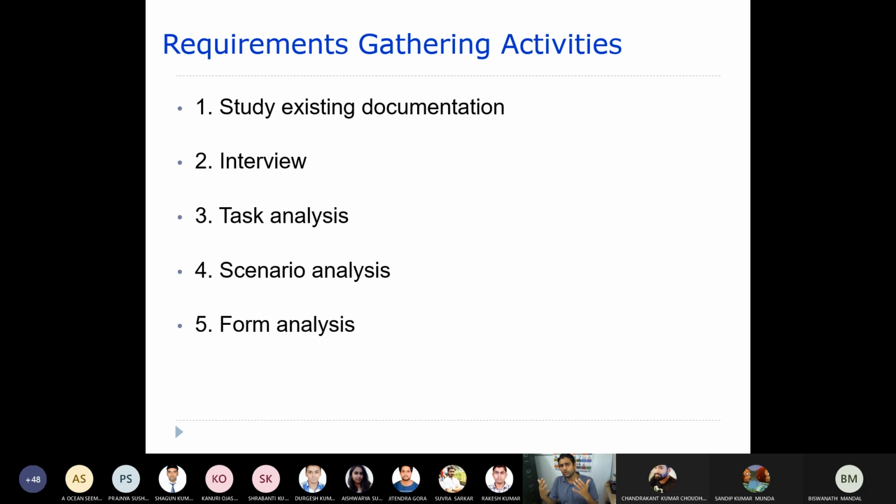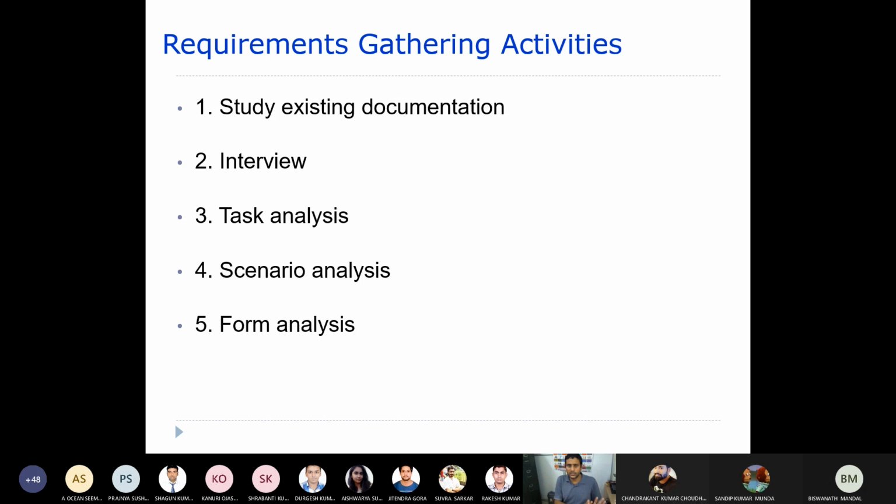If any documents are available with the organization defining the statement of purpose, why this particular system is required, what is the purpose of this particular system, the manual system that you have, the analyst will collect all these documents available regarding the system to be developed.